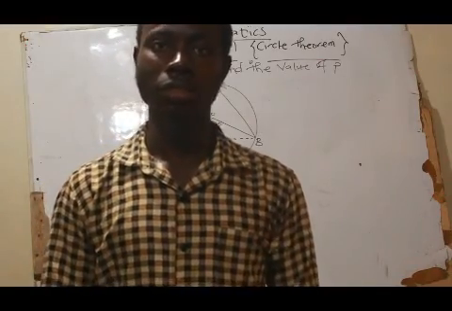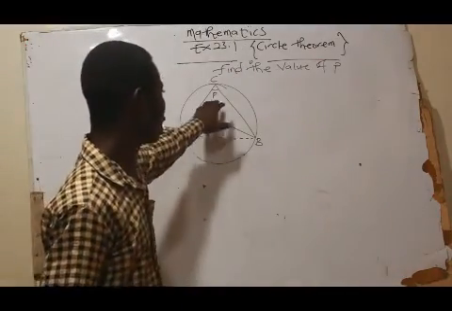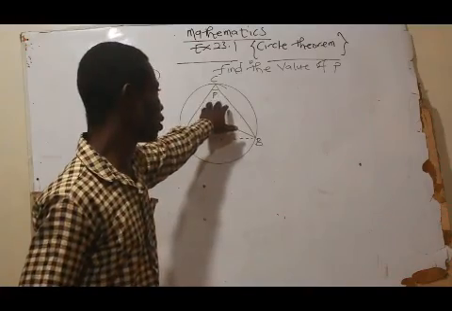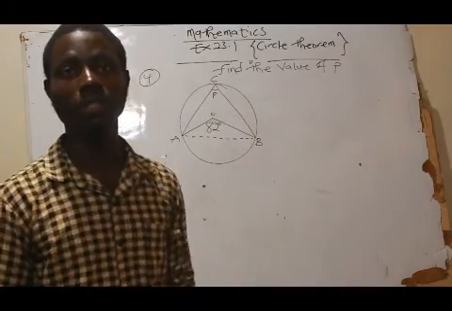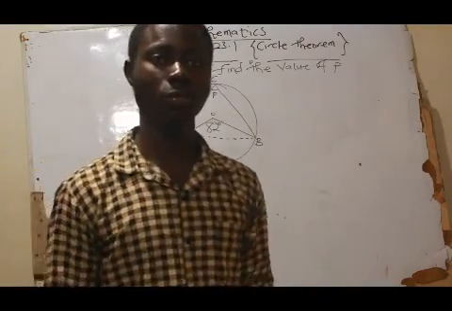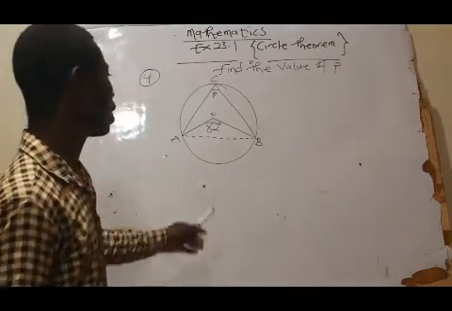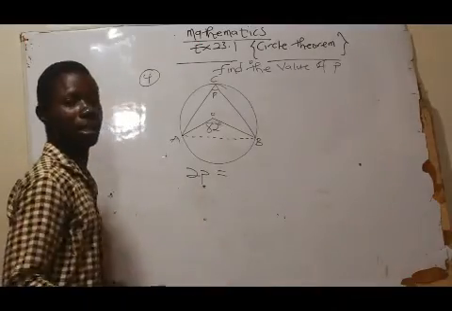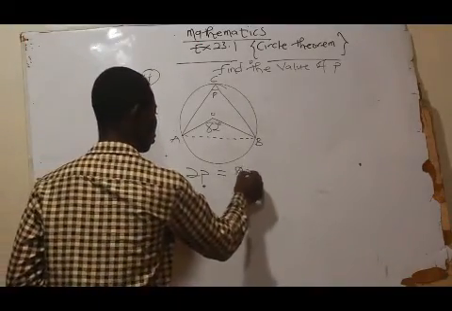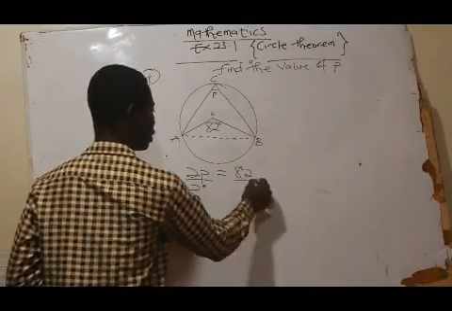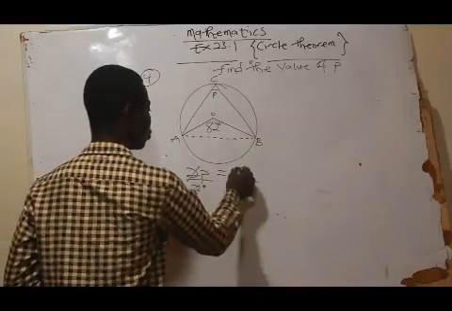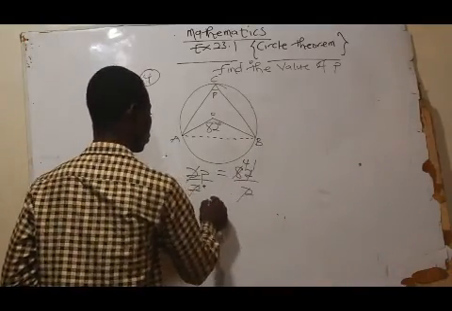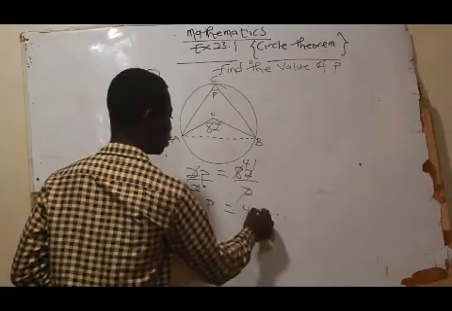So the angle at the circumference which this chord subtends is p. We are told to find p. So twice p, which is 2p, gives us 82 degrees. Therefore, dividing both sides by 2, gives us 41.